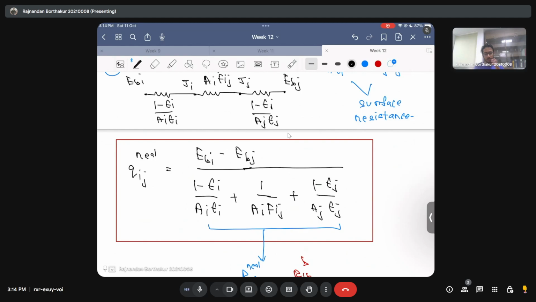Instead of going into other ways of calculating the fluxes and then calculating other things, this I feel is a much more standard and organized way of calculating the radiation exchange taking place between bodies, which we call radiation network analysis in this particular context.